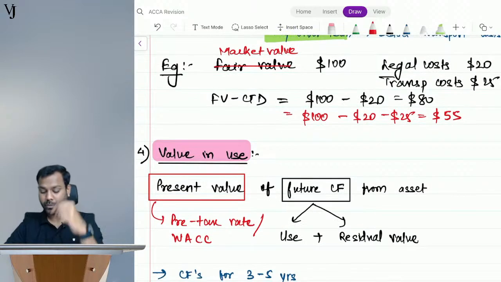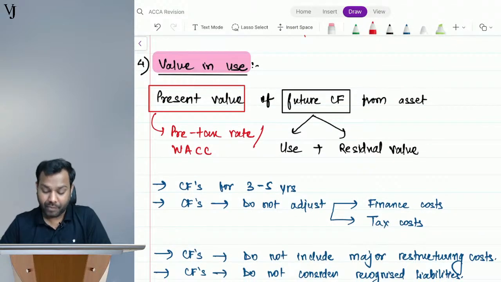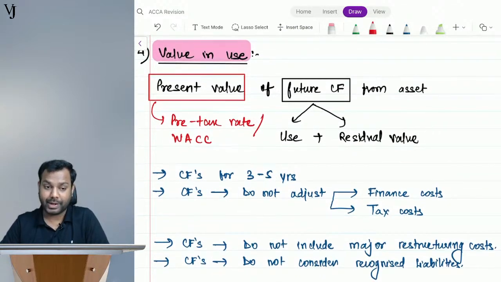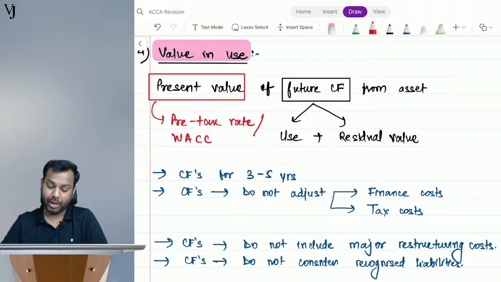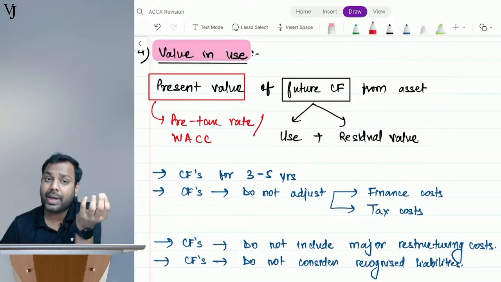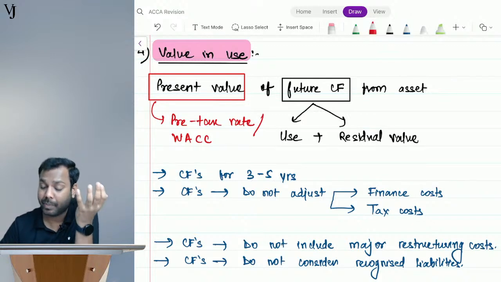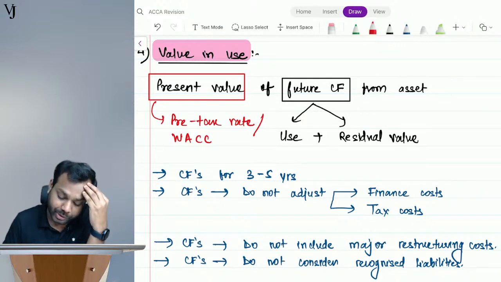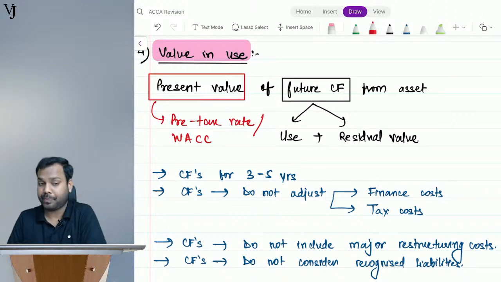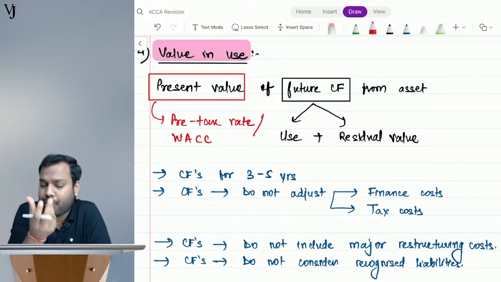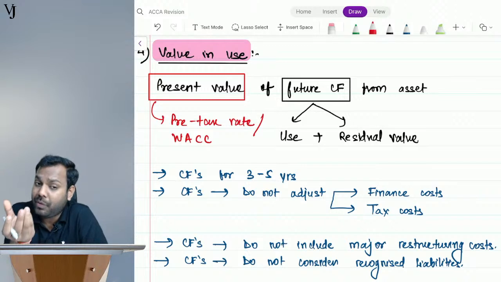Now comes the fourth point, that is value in use. Value in use is, if I use the asset, what is the value that I will generate from the asset? It is calculated as the present value of the future cash flow from the asset. So now understand two things: how to calculate present value and how to estimate future cash flows.